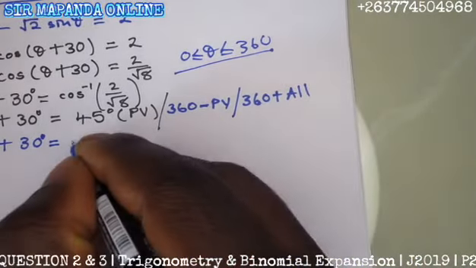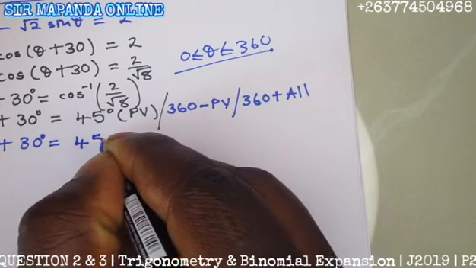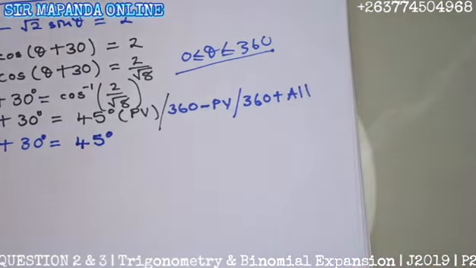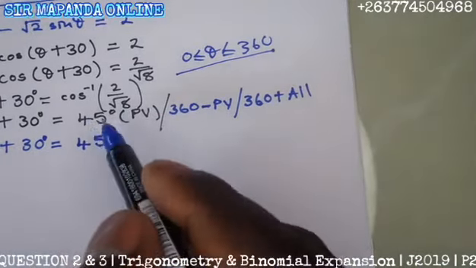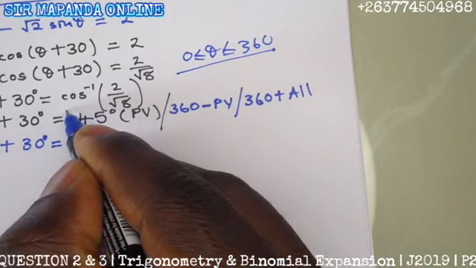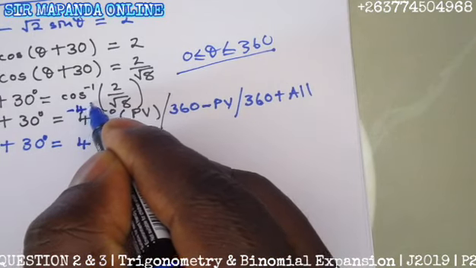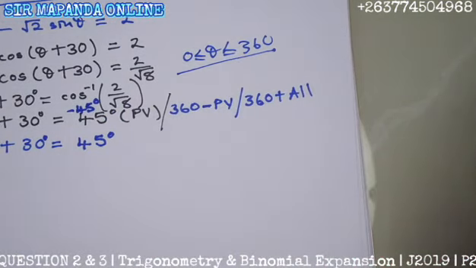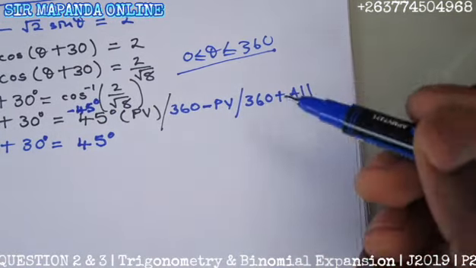Right. So the first angle is 45 degrees. I hope you are following. But for cos, if you get 45 degrees as your PV, you also need to make use of minus 45. Right?